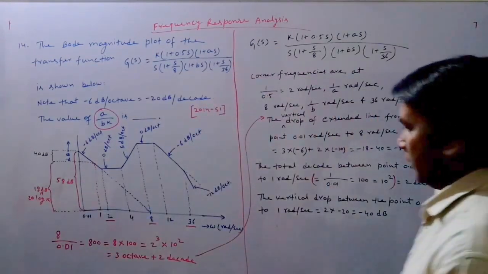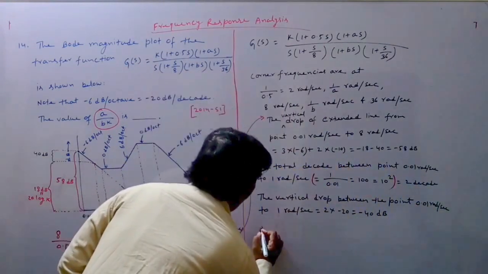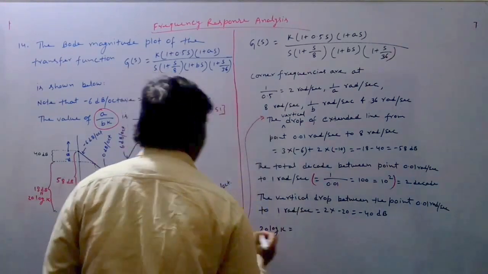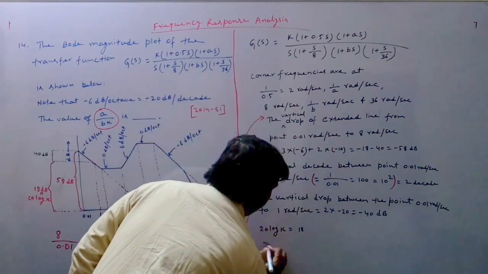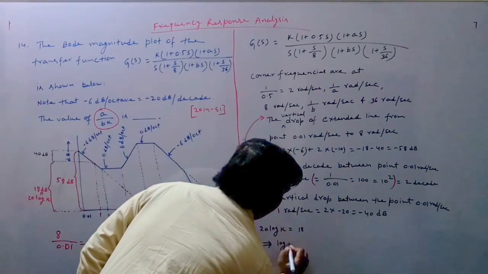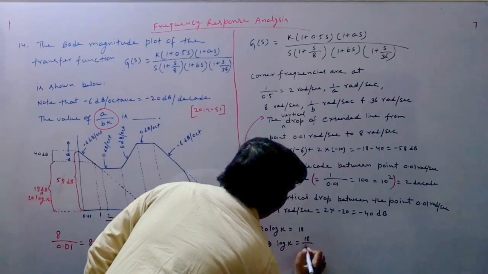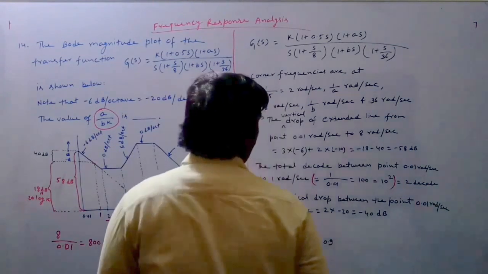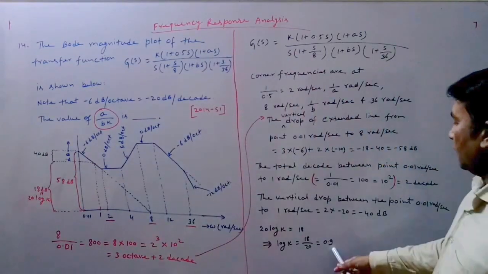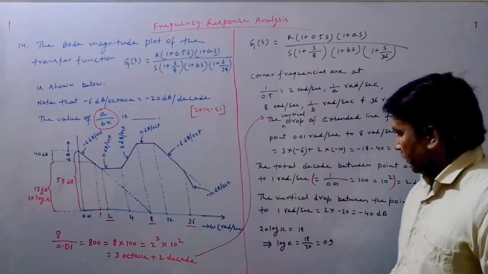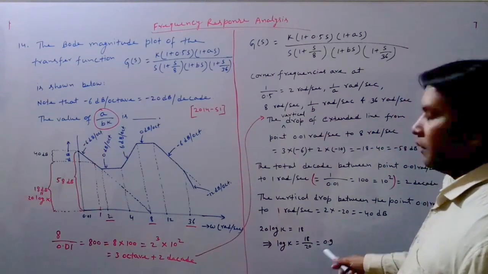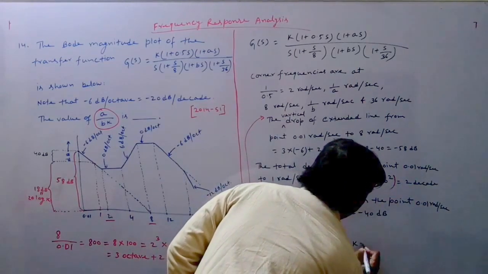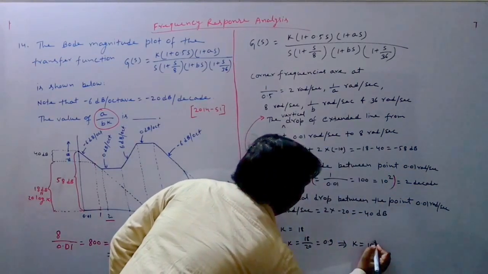Now let us calculate the value of k. So 20 log k is equal to 18. From here we can write log k is equal to 18 by 20, that means 0.9. So k is nothing but 10 to the power 0.9.